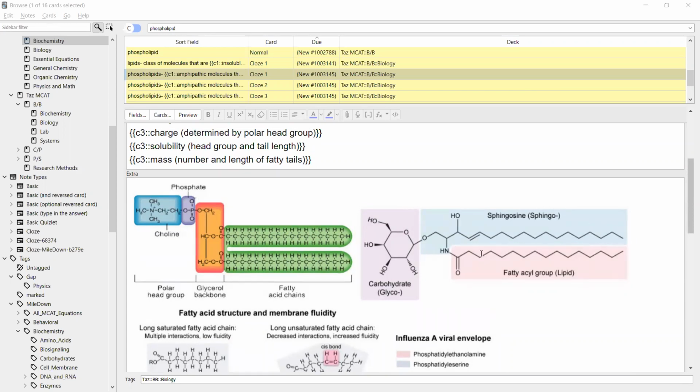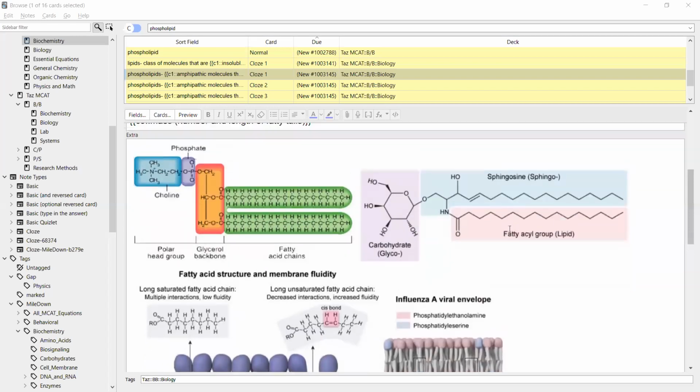They have these long fatty acid chains, and at the top, they have something polar that can interact well with water. However, this is a different molecule with different properties because it has a carbohydrate at the top. And carbohydrates on a cell surface are very important for signaling. So sphingolipids are incredibly similar. You find them in the same place in the cell membrane, but they have different properties. So it's good to be aware of them.